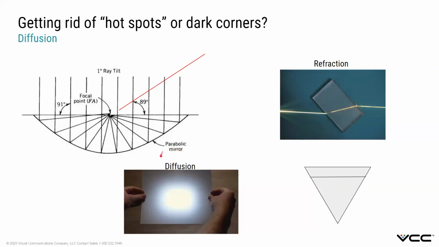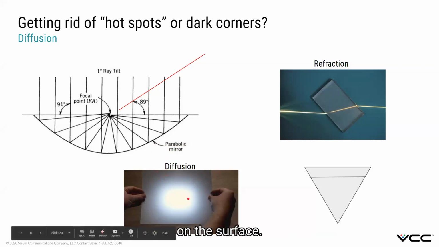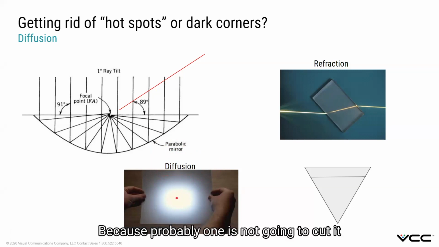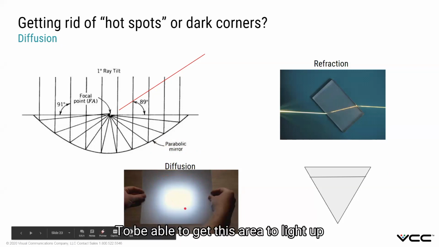To fix this type of problem, you need to take into consideration the amount of LEDs that you're going to use on the surface, because probably one is not going to cut it. You need to put several located in a special pattern to be able to get this area to light up evenly.